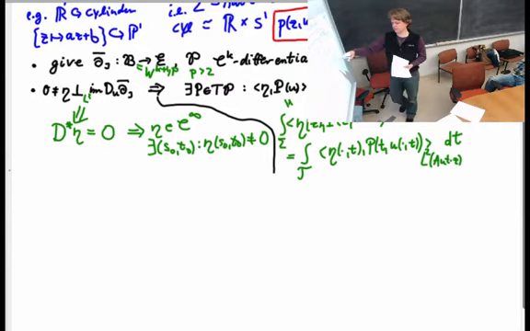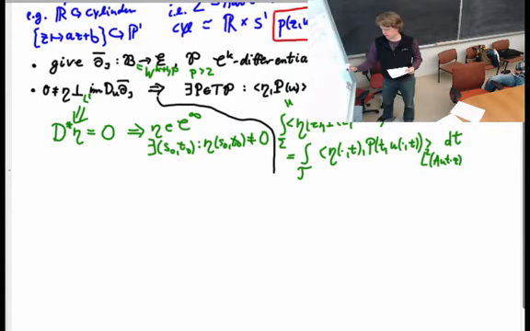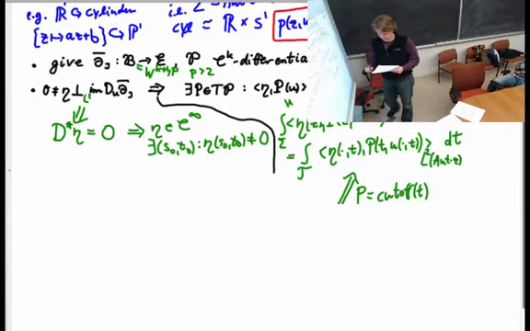So the reason I write it this way is that you can see this P is allowed to depend on T. So I can use in here p's of the form cutoff in T times some P0.